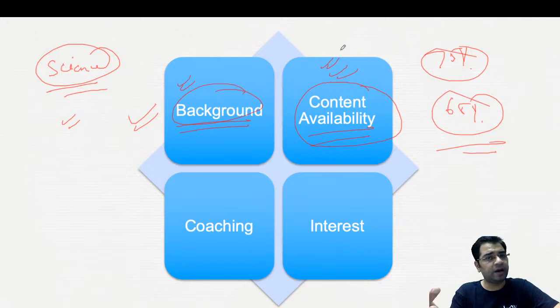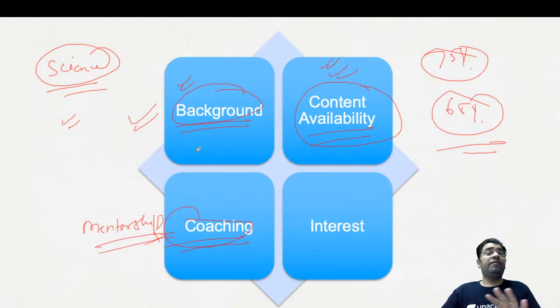Most of the books are international books. They are very costly to buy, and ultimately you do not have time to read those 1000 to 1500 page books. Then the third thing is, again, whether coaching is available, guidance is available, or mentorship is available or not.